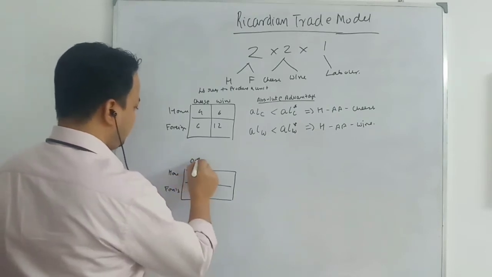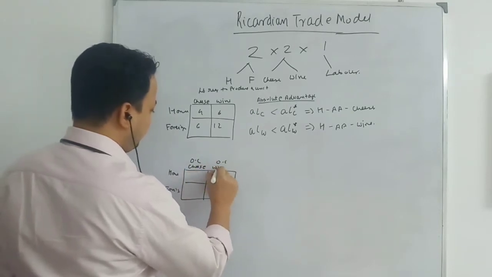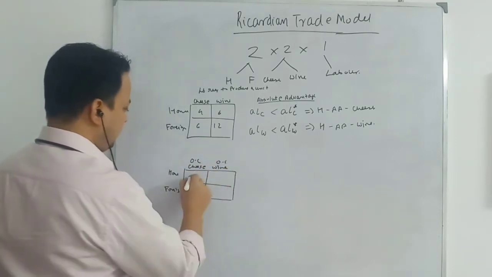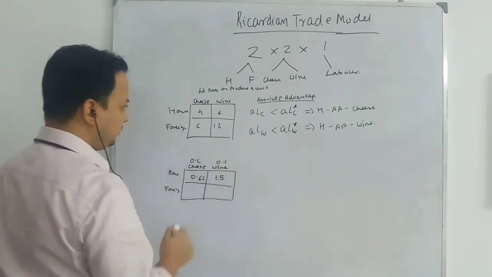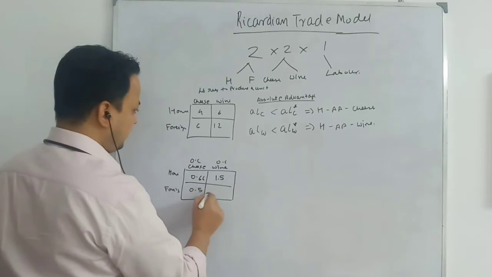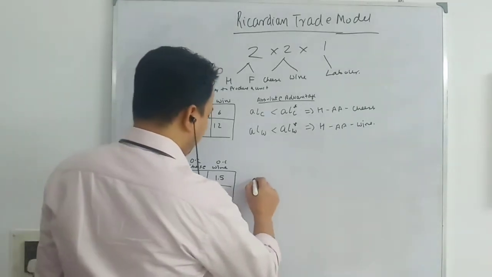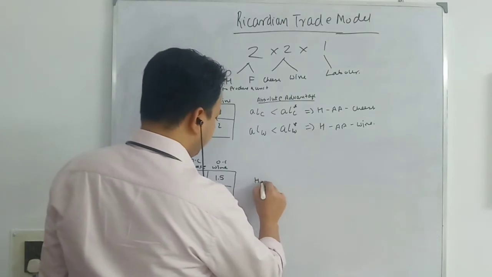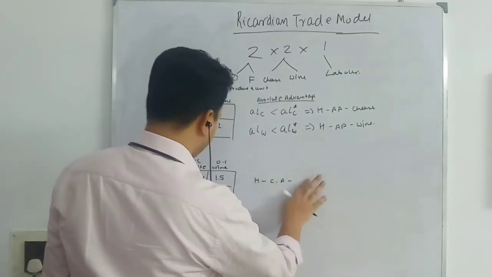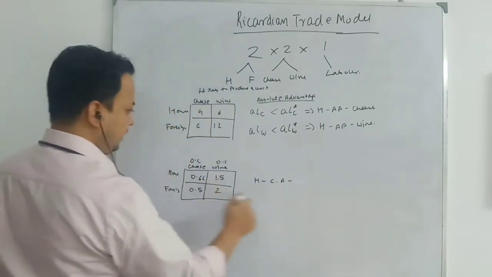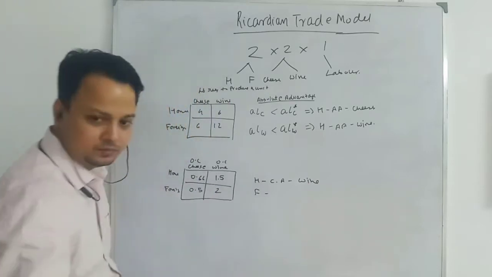So the opportunity cost of producing cheese in terms of wine, and the opportunity cost of wine in terms of cheese. Here we are getting 0.66, here it will be 1.5, here 0.5, and here 2. So the home country has a comparative advantage in wine, and the foreign country has a comparative advantage in cheese.